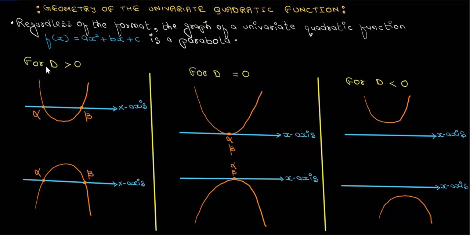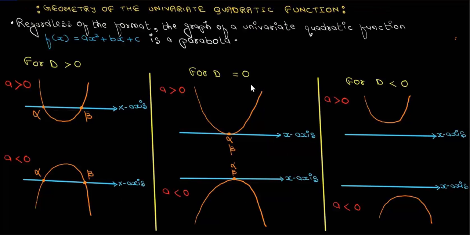For example, if d is greater than 0, obviously the parabola will intersect the x-axis at two different points, and we say that the roots are different. So there are two roots, and if in the polynomial a is greater than 0, then the curve will open upward. If a is smaller than 0, then the curve will open downward.